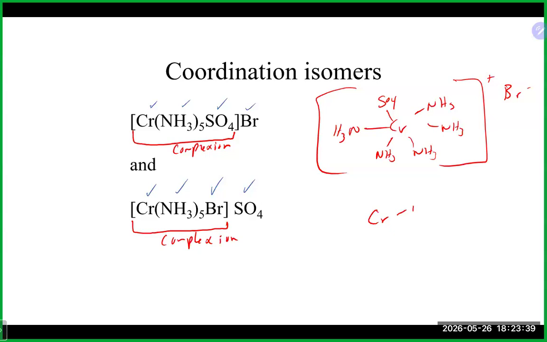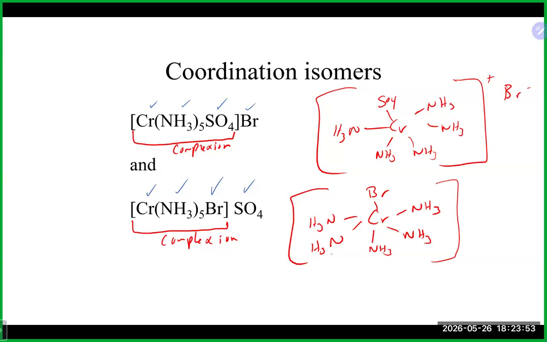In this case, we have still our 5 NH3s basically. But now we have the bromine hanging out there. And on the outside, we have our sulfate here, a little +2 action. And we have our sulfate basically moving on the outside there.